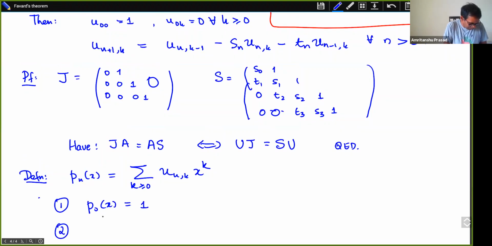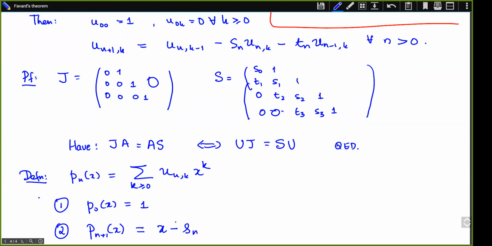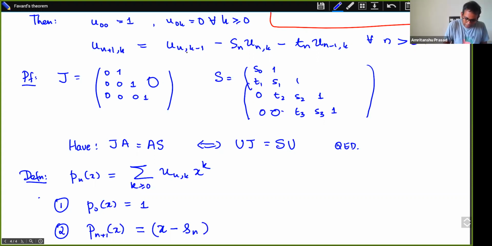And secondly, P_{n+1}(x) in terms of P_n(x) is x minus s_n times P_n(x), minus t_n P_{n-1}(x). Here there's a shift in the k index, which I'm taking care of by multiplying by x.